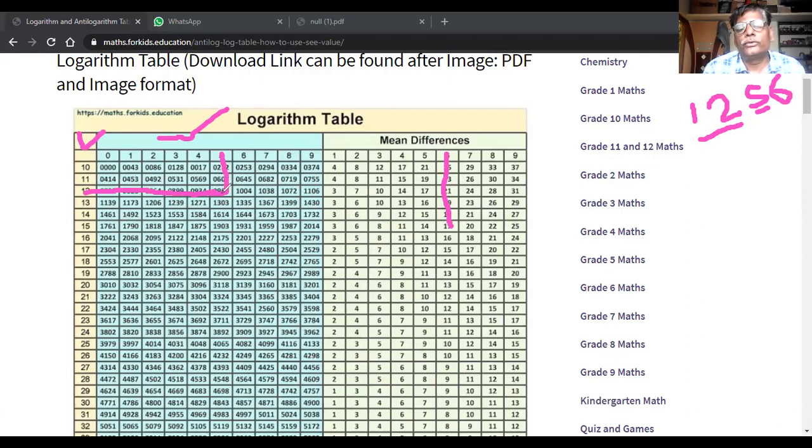In this way you have to see. Here is the number. Whatever mean difference 6, come to 6 here. In the 6 column, there is 21. This 21 you have to add in the Mantissa. This is the way of calculating and ascertaining the logarithm.